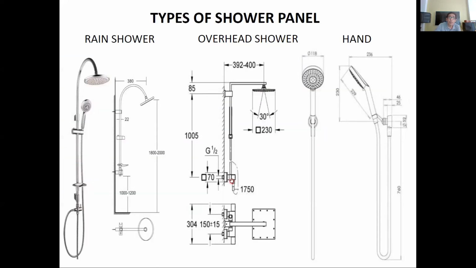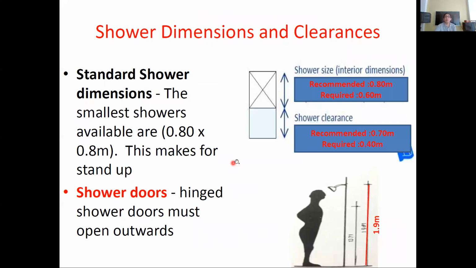Okay. So the shower dimension: the smallest shower cubicle is about 0.8 by 0.8. This makes it possible to stand up. But there is a recommended clearance in front of the shower of 0.4 or 0.7.